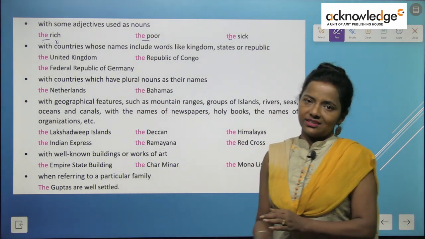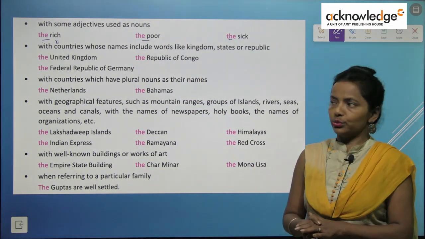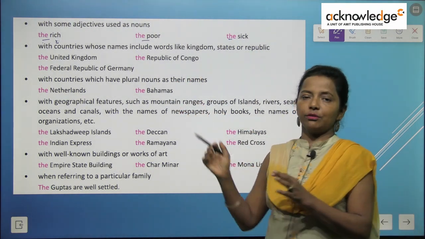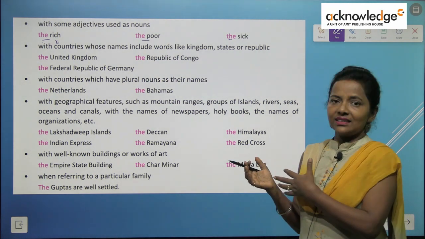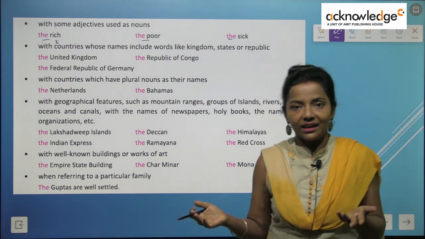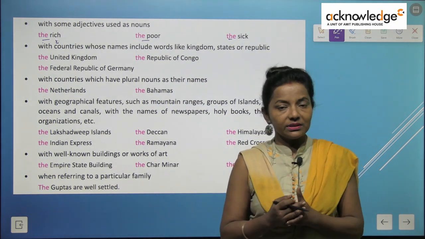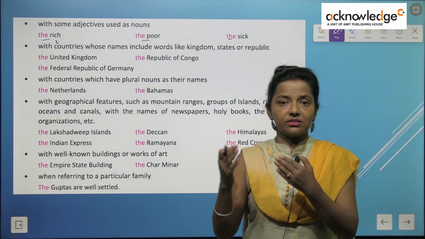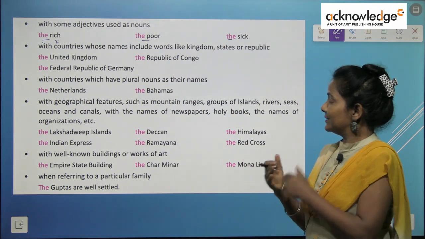Like the United Kingdom, the Republic of Congo, the Federal Republic of Germany. With all these, the United States of America. What do we say for USA? When we say USA, we don't say the USA. But when we say United States of America, we say the United States of America.